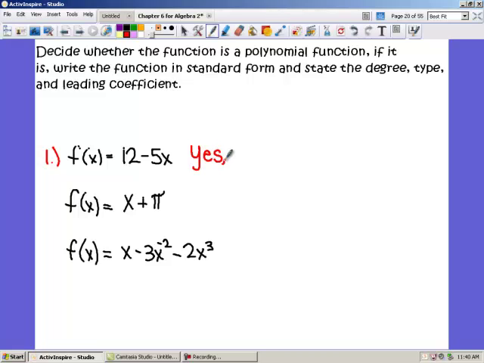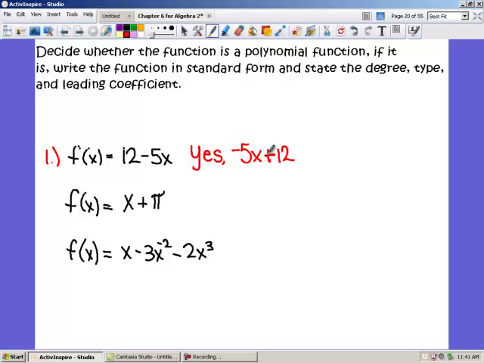Then it says we need to write it in standard form. This is not in standard form. We need to switch it around. mx plus b. So we would write negative 5, sorry, not m, it would be x there, and then we have plus 12.